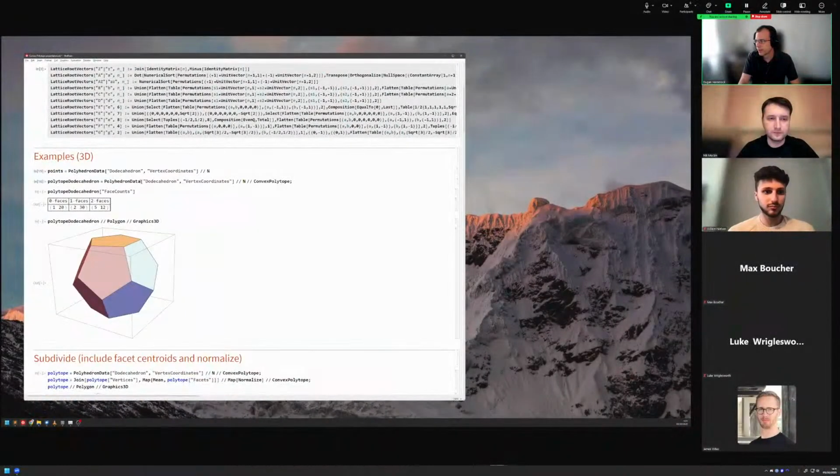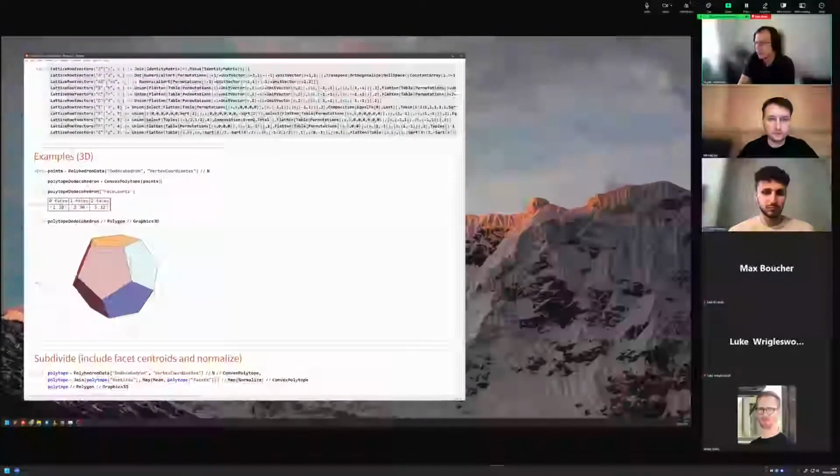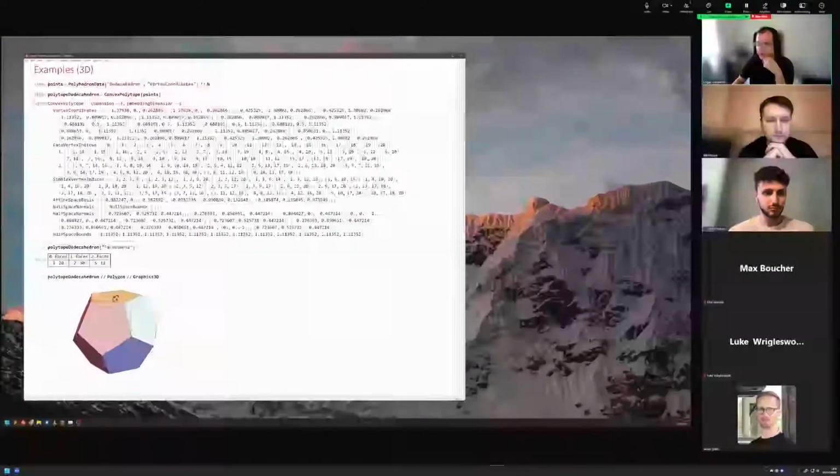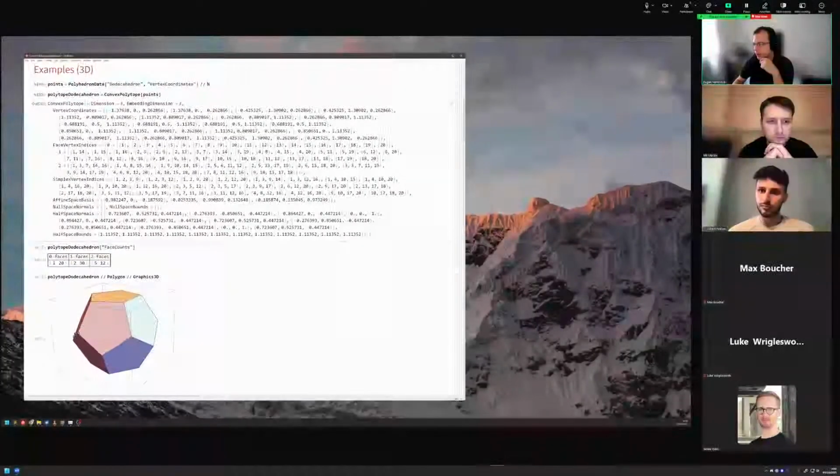What ConvexPolytope does is make a data structure which takes those points and figures out which points are in faces and which points are in edges and that kind of thing.